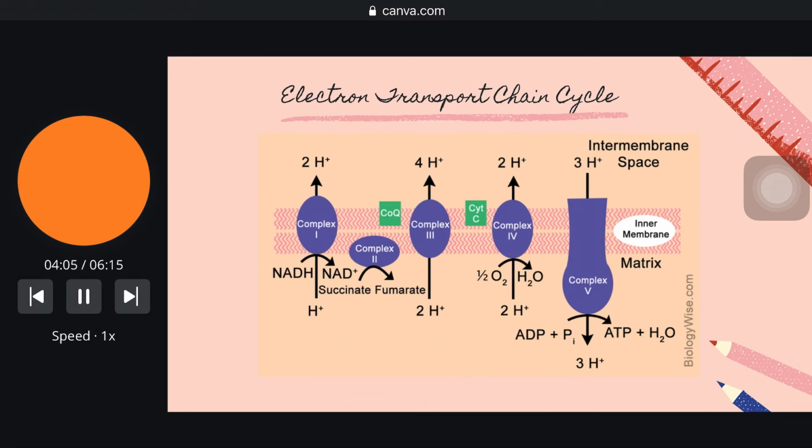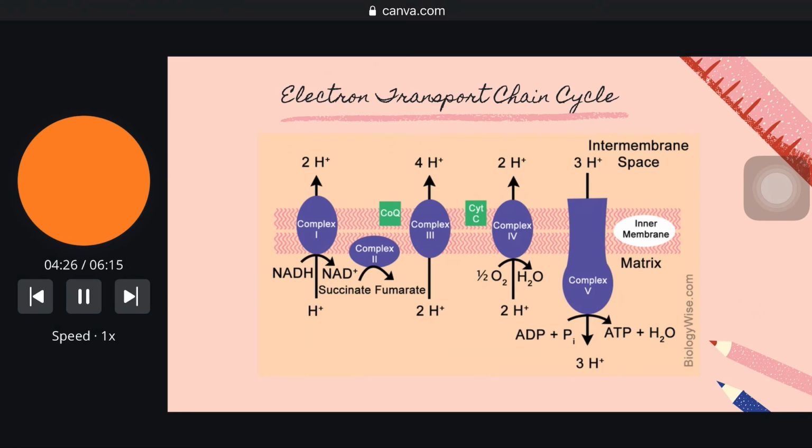This creates a final proton pump, pumping 2 protons from the matrix through cytochrome complex 4 directly into the intermembrane space of the mitochondrion. Complex 4 is the last step in the ETC, and the electrons that have been driving this reaction now need another place to go.